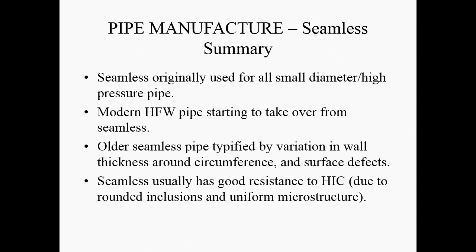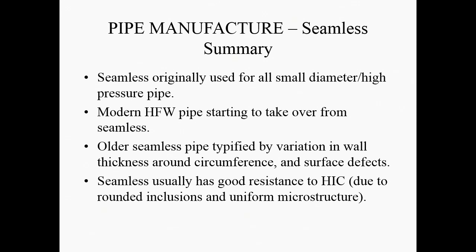Older seamless pipe was typified by a variation in wall thickness, as I said, because the plunger that was making the initial hole didn't go down the middle of the tube. And that gave you differences of thickness around the circumference, and it also, because of the lack of control of the rollers forcing the material around, meant that you had a lot of surface laps and surface defects.